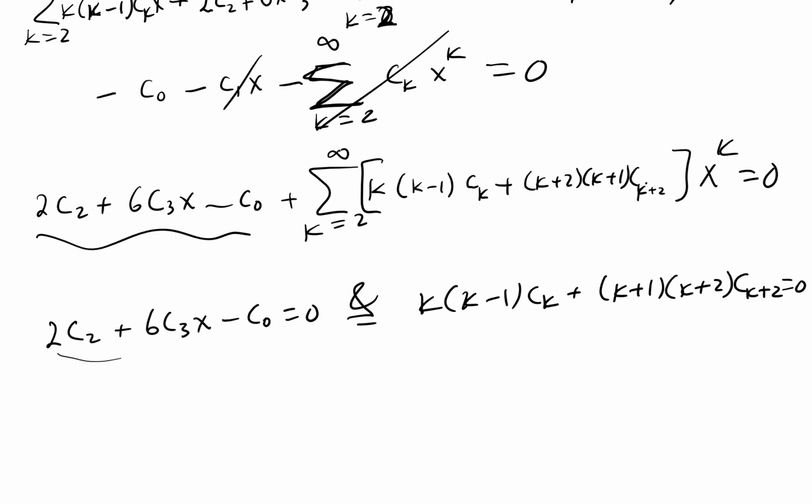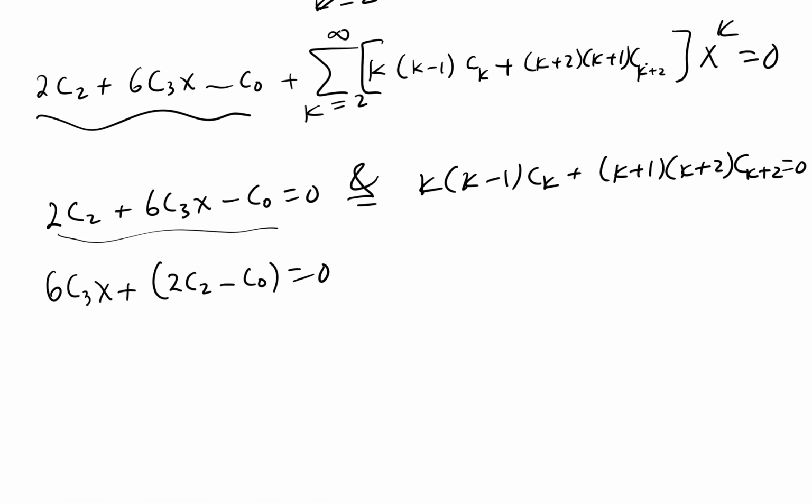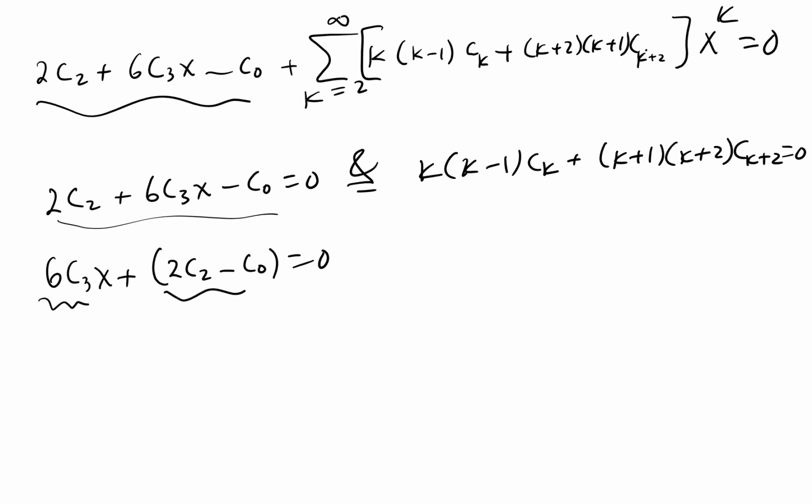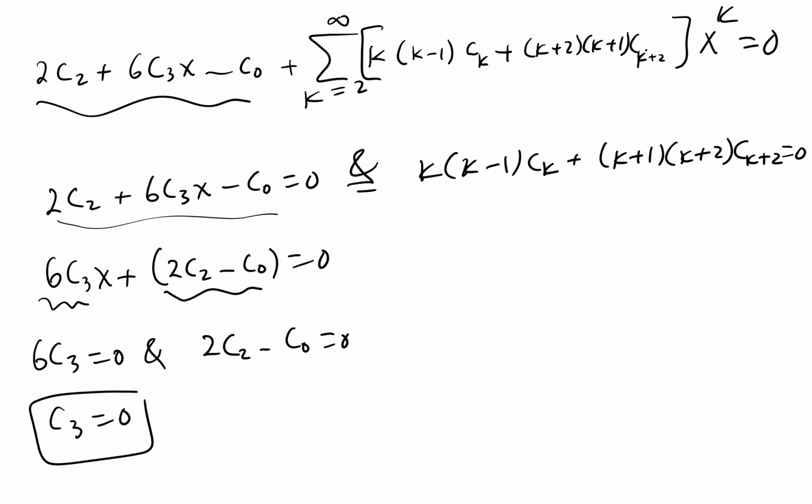Now, in order for this to be 0, you can rewrite it like this, plus the constants. And in order for this one to be 0, this has to be 0 and this has to be 0. 6c3 is 0 and 2c2 minus c0 is 0. So c3 is 0. c3 has to be 0. And c2 has to be c0 divided by 2. Keep those in mind.